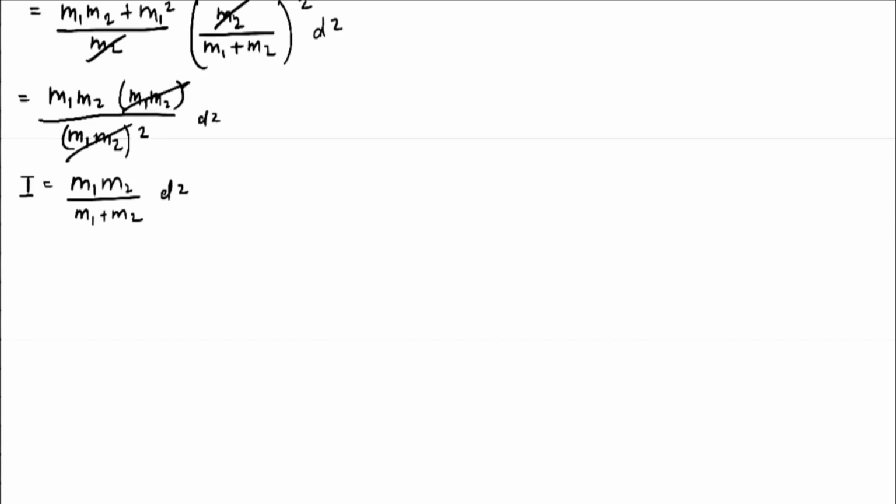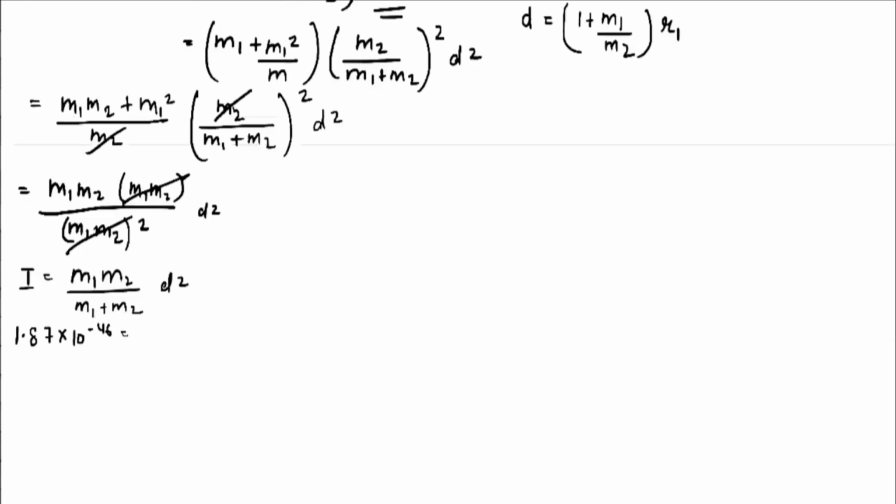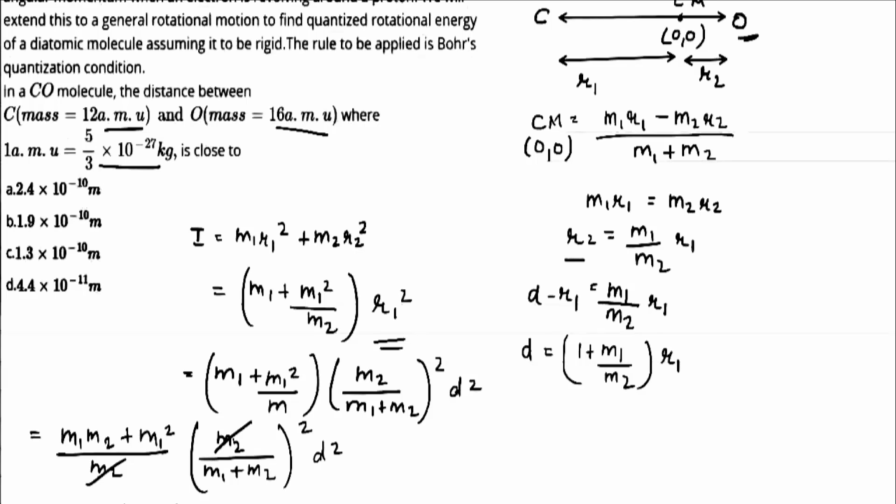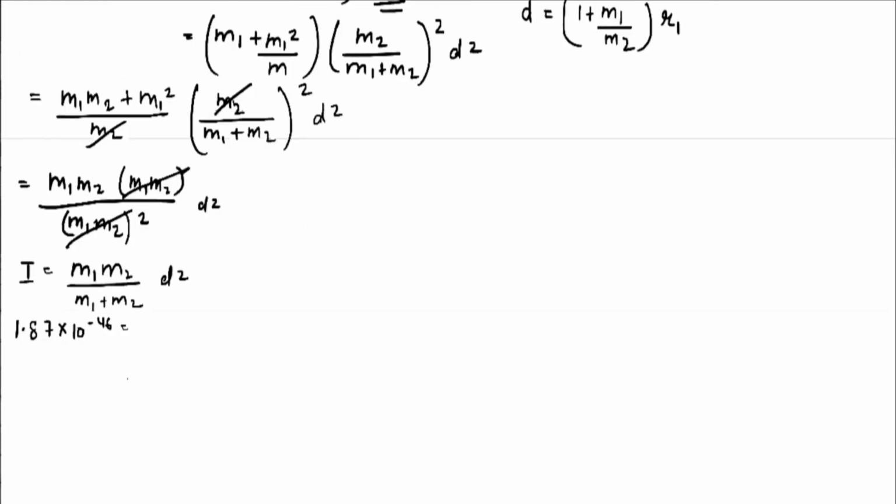Now we know the moment of inertia I is equal to 1.87 into 10 to the power minus 46 is equal to M1 M2. What is the value of M1 and M2? C and O, that is 12 and 16. That will be 12 into 16 AMU square upon M1 plus M2, 12 plus 16, that is 28 AMU D square.